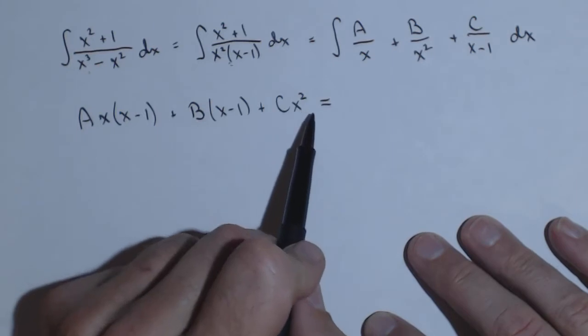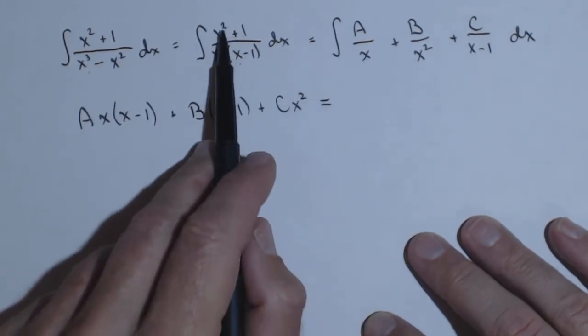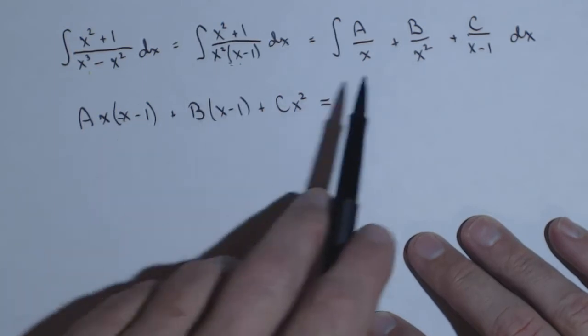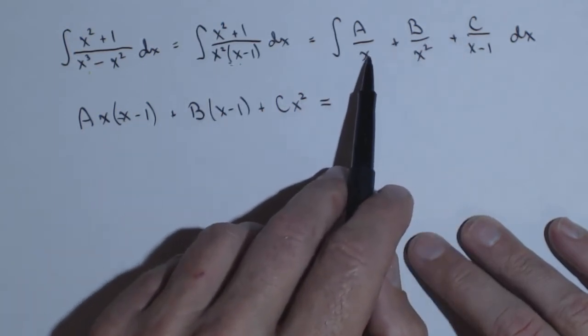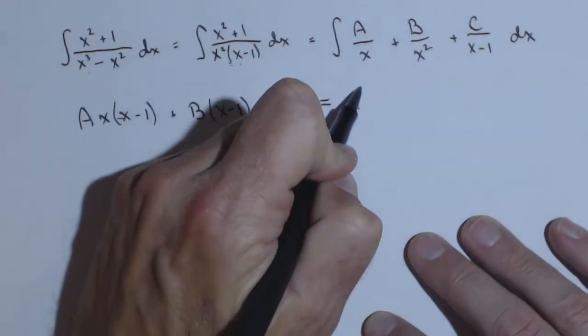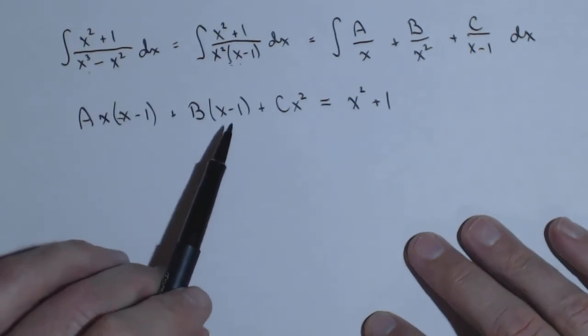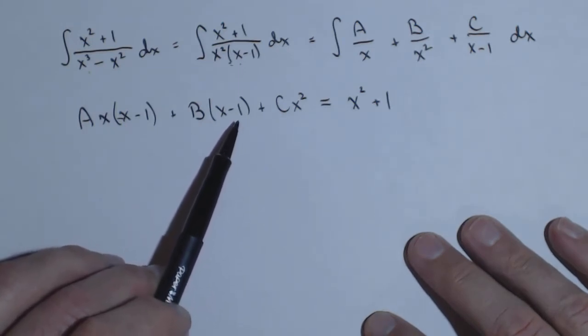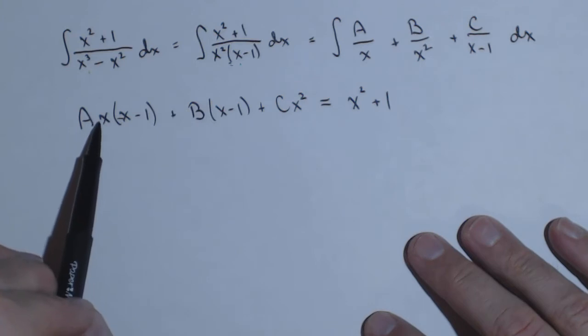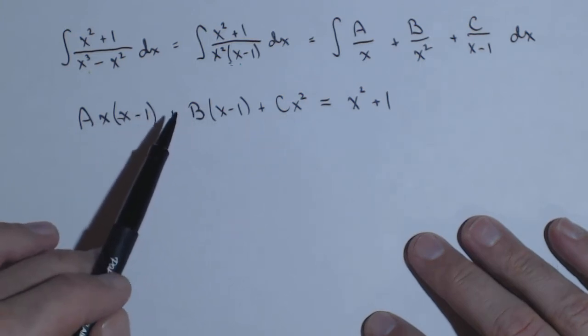Now I don't worry about the denominator because I know that these are going to be the same. This is the numerator if I were adding these three fractions together with a common denominator, and I want it to be equal to x squared plus 1. Sometimes you have the option of canceling out and solving, but you can see if we use 0, we have two terms that cancel out, and if we use 1, we have two terms that cancel out.